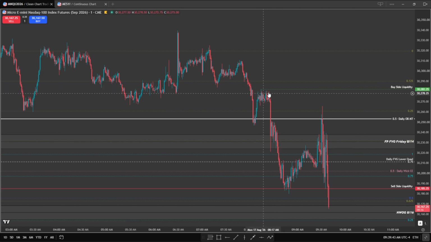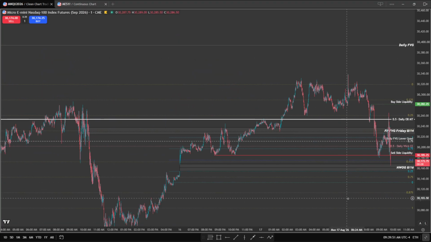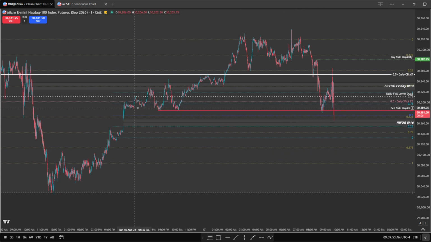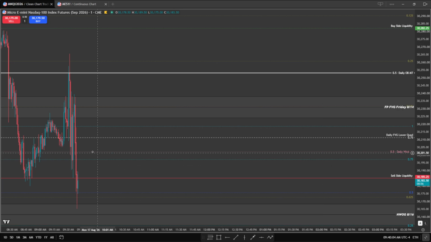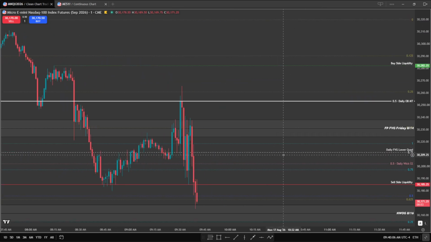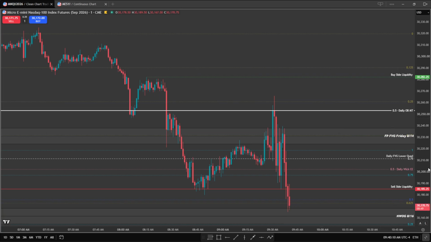I want to see these highs taken first. Taking a lot of liquidity here. If we hold the new week opening gap, then I think that would be something to use to go higher.